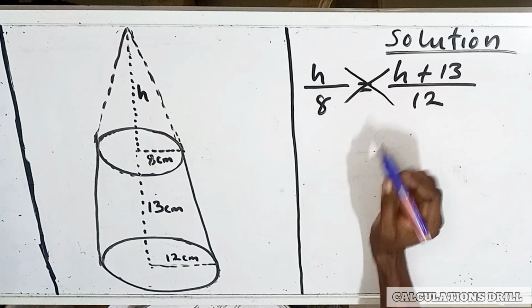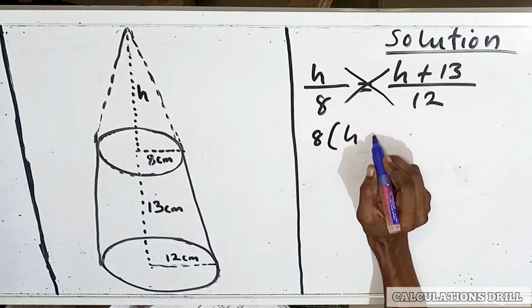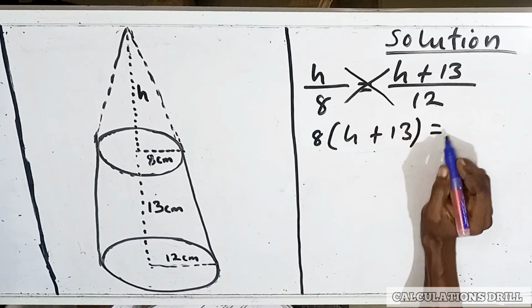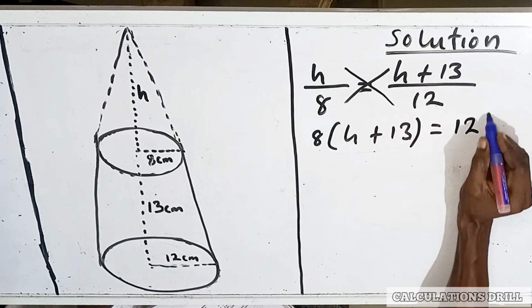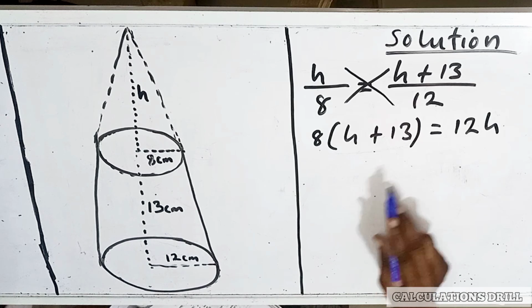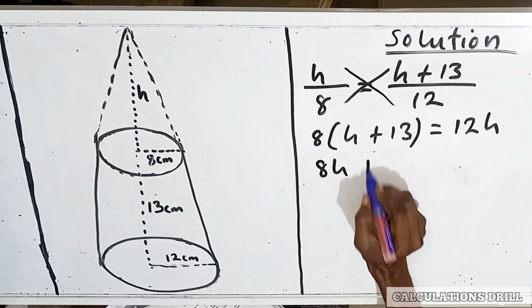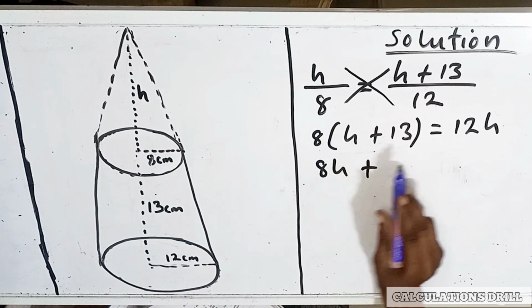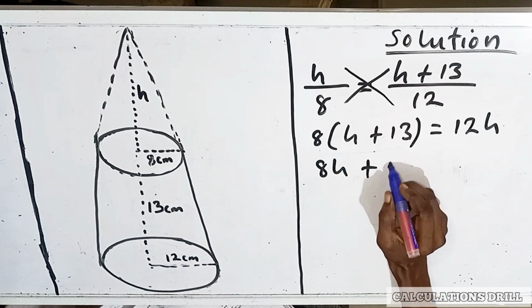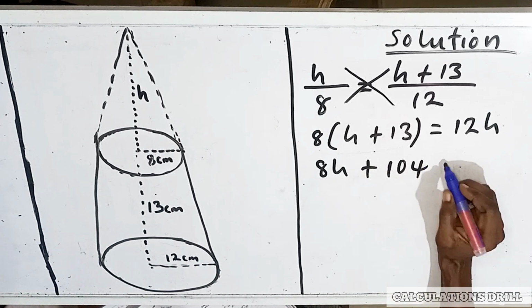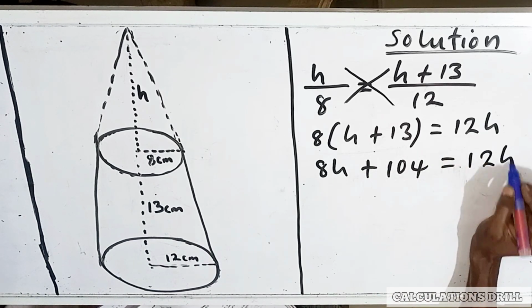Then when we cross multiply, we are solving for h, and the h we are solving for is the height of the smaller cone. So when we cross multiply, we got this, as you can see on the board: 8h plus 8 times 13, that will give us 104 equals 12h.